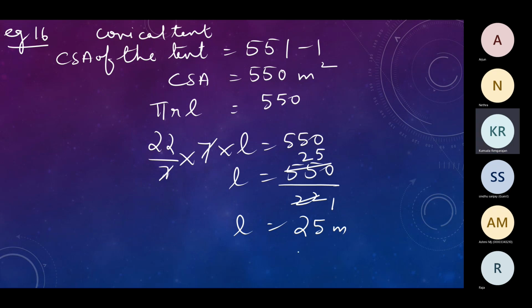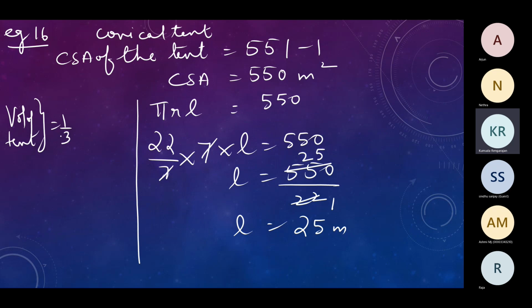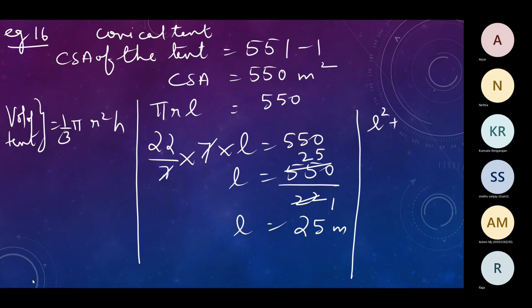Now the question is to find the volume of the tent. And we know the formula for volume is 1 by 3 pi r square h. For which you need r and h, but we don't have the value of h. So you should find h. We know that r square plus h square is equal to l square.